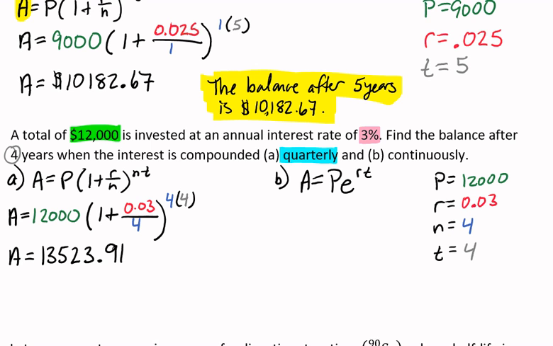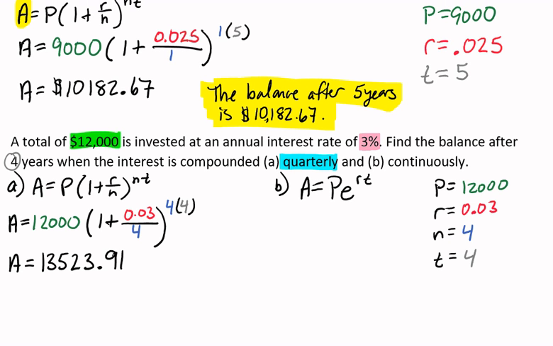Let's take a look at part B's. So same kind of thing. So A equals, we're still going to use that 12,000 times E to the 4, oops, nope, not 4, because we need the rate. So our rate is 0.03, and then times our time, and our time was 4.